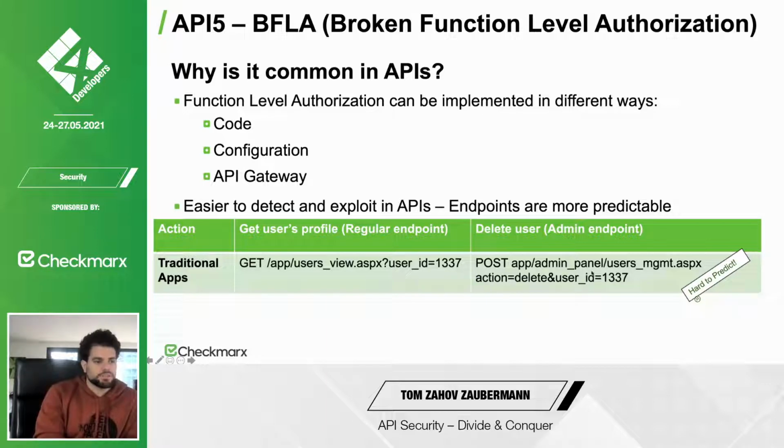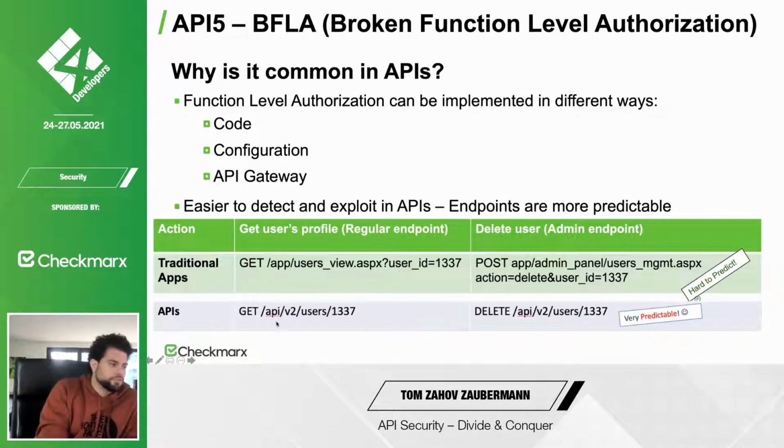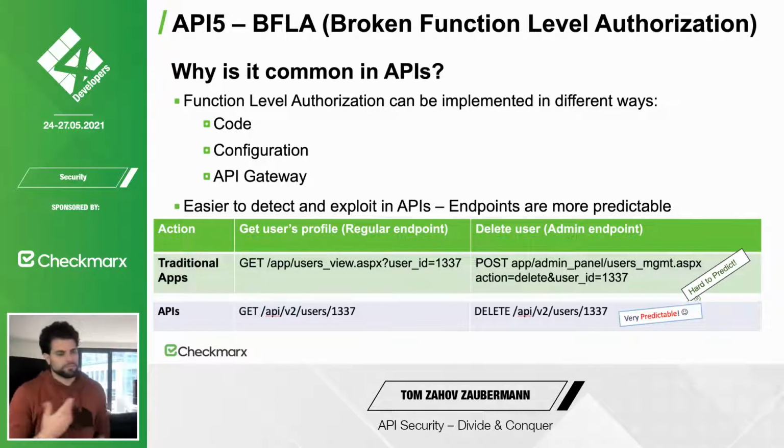It's not easy to predict that the action will be, for example, action equals delete and user ID, and so on. It's a bit hard to predict. But what about APIs? APIs are super easy. Instead of get, you have get API v2 users 1337. You just change it to delete, and everything is fine, right? That's how APIs work. So it's super predictable to see how it works, and that's why broken function level authorization is happening a lot.